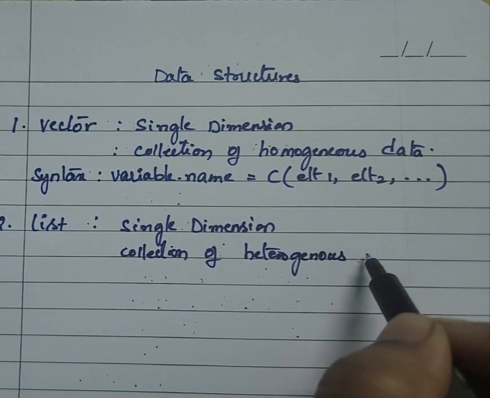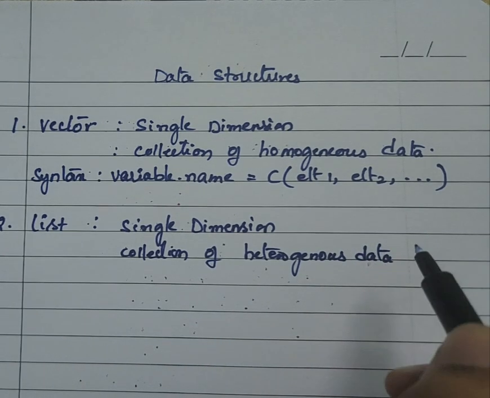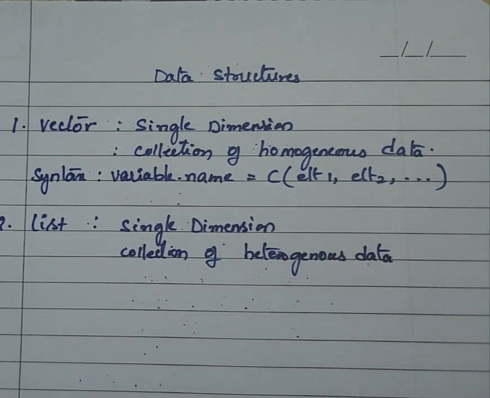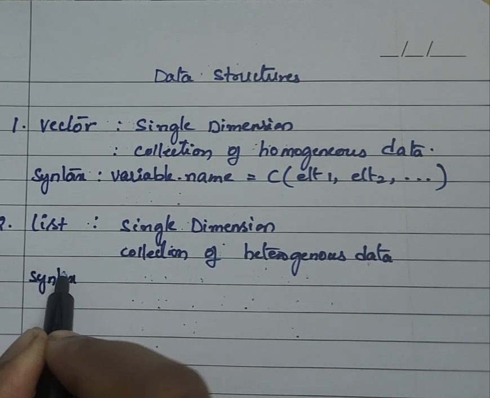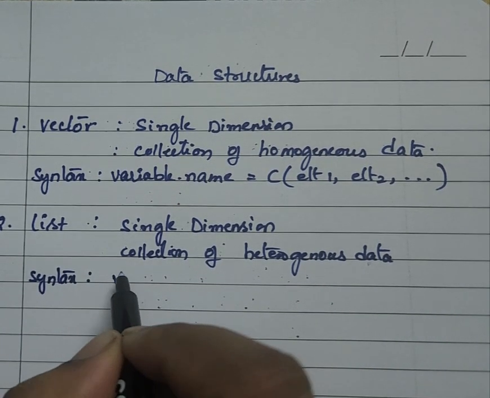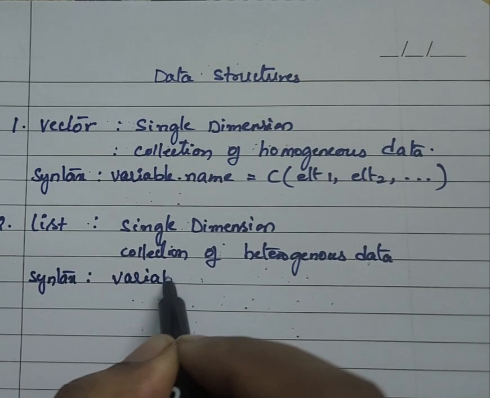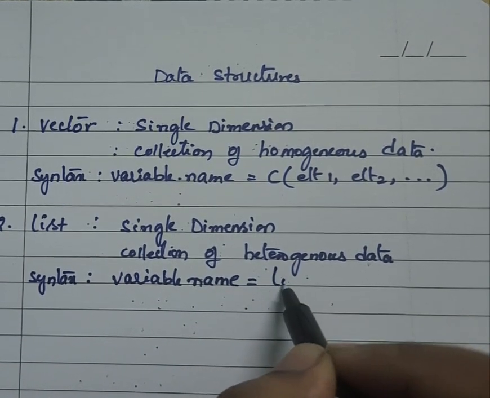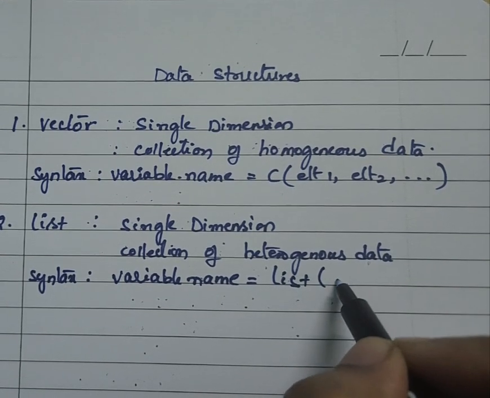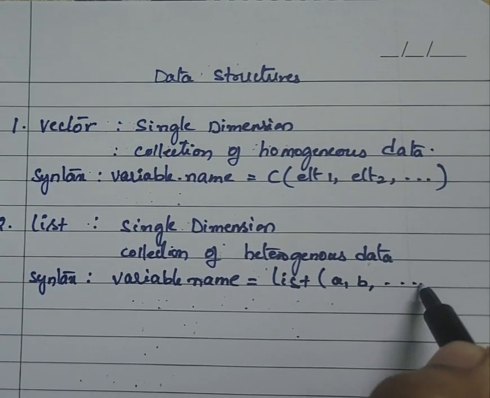Heterogeneous data means that data is of different data types. Okay, now the syntax of this is variable name equal to list a, b and so on.